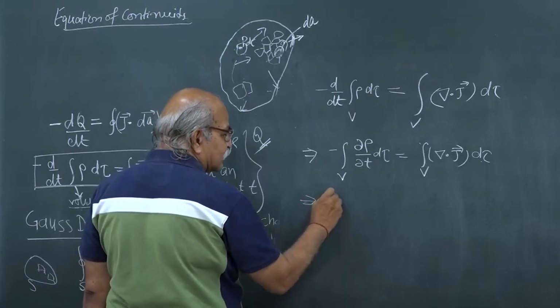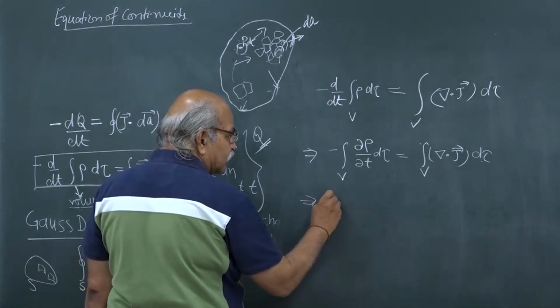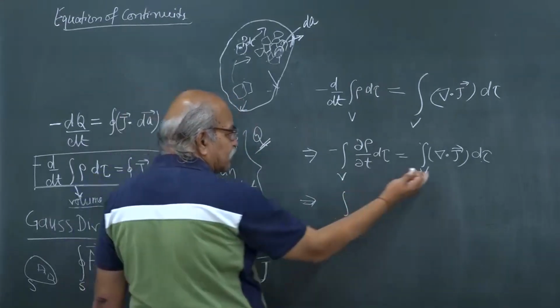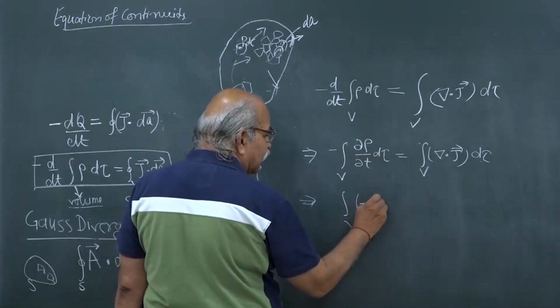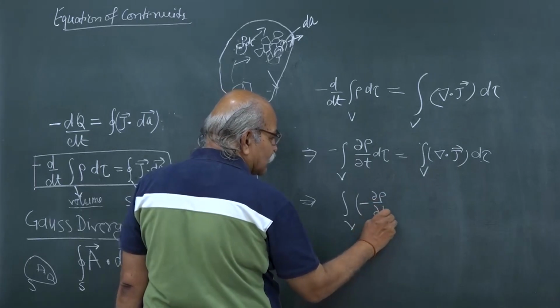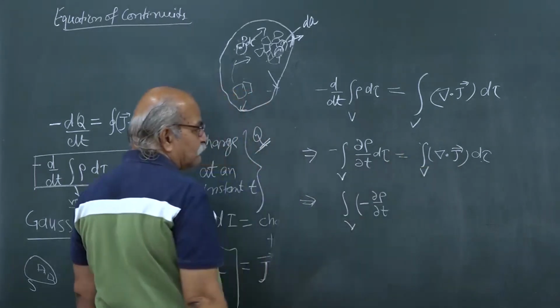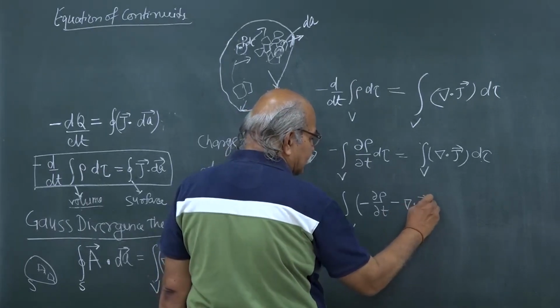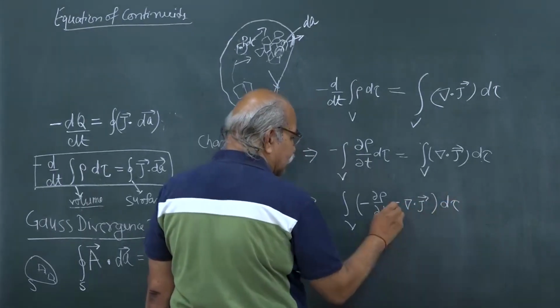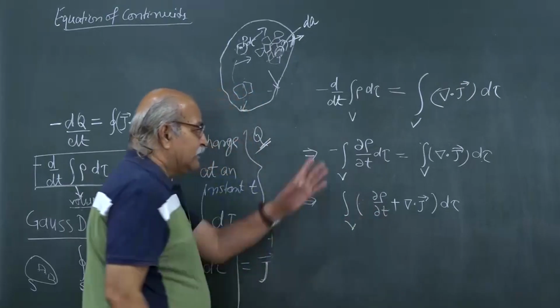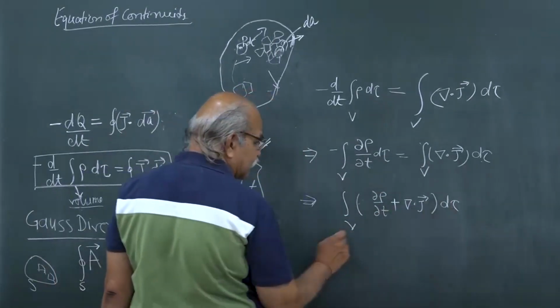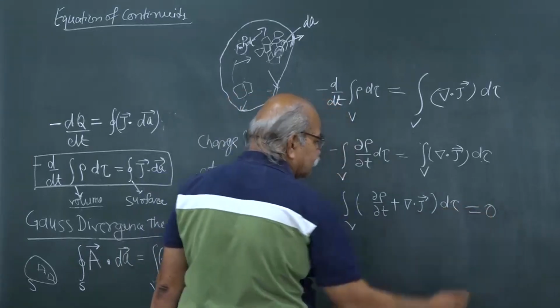So you can write this as integration over V, if I take everything this side, of minus del rho del T minus divergence of J d tau. You can put both pluses here or take this on the other side. So this equation is equal to 0.